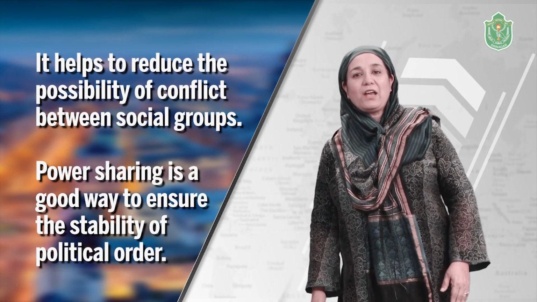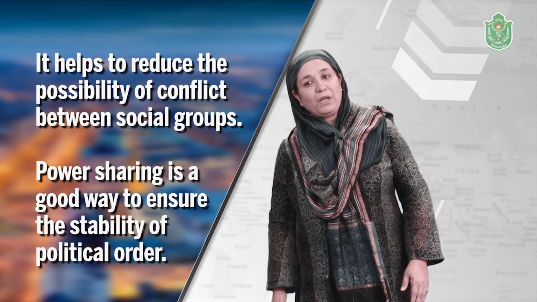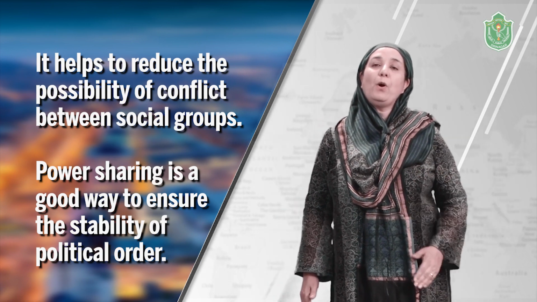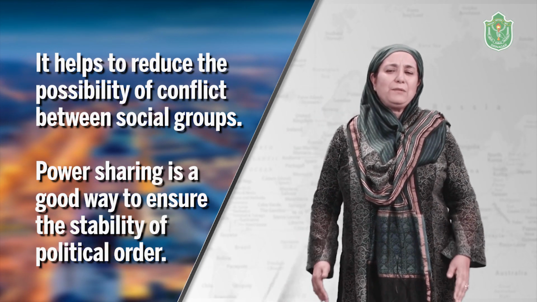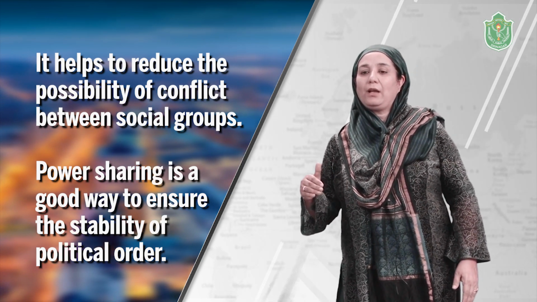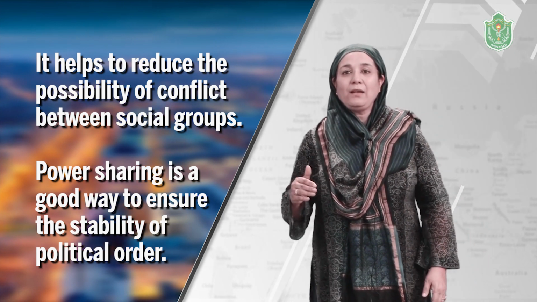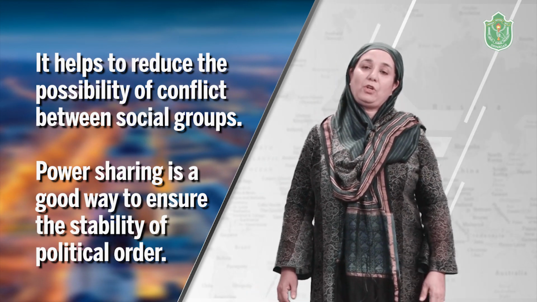So, power sharing is a good way to ensure the stability of the political order. Now, children, if we impose the will of the majority community over others, it might look like an attractive option in the short run. But in the long run, it will undermine the unity of the nation. These were the prudential reasons.